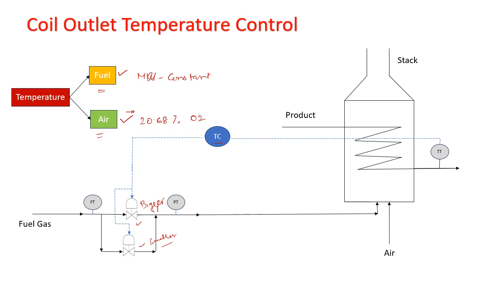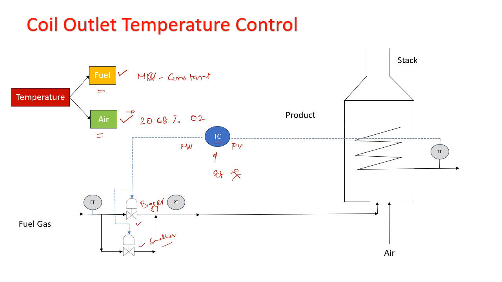Okay, so back to the temperature control. The temperature will be measured and the measured temperature will go to the temperature controller. So the temperature here is the PV, there will be an MV provided by the temperature controller, and there will be a set point given by the operator.